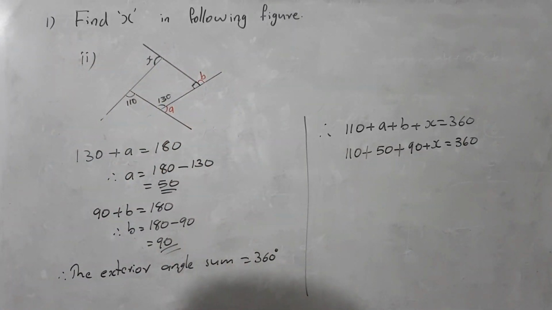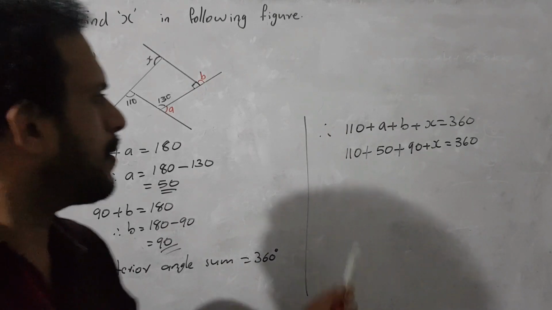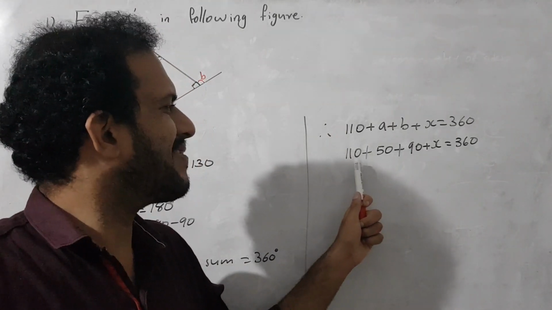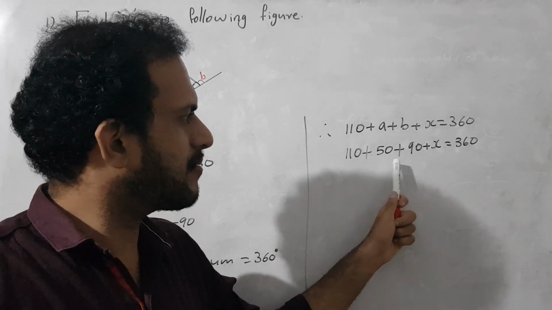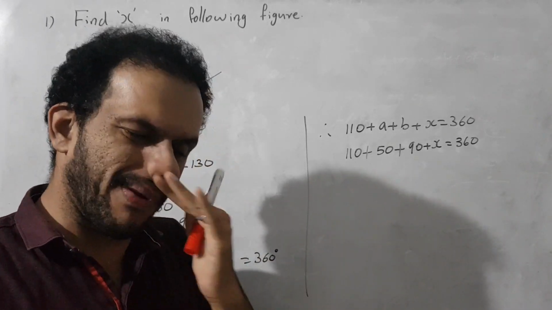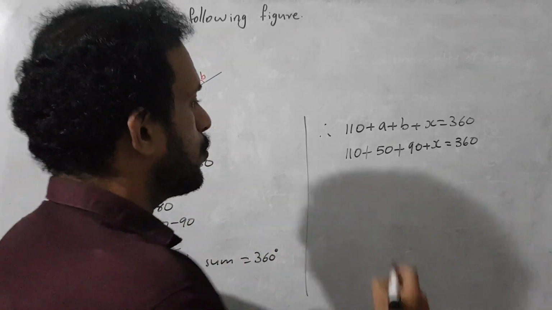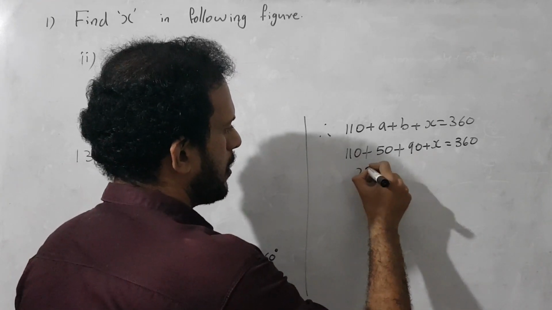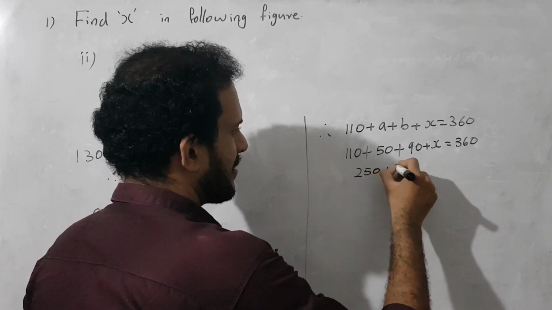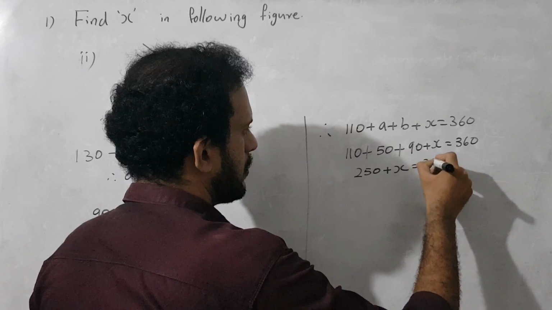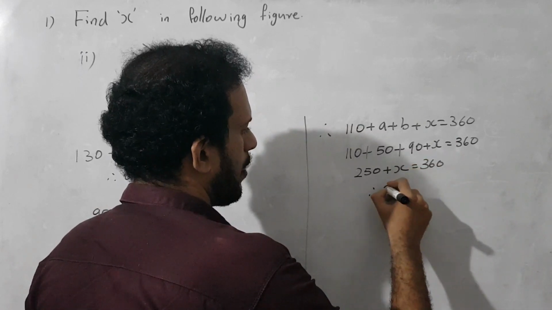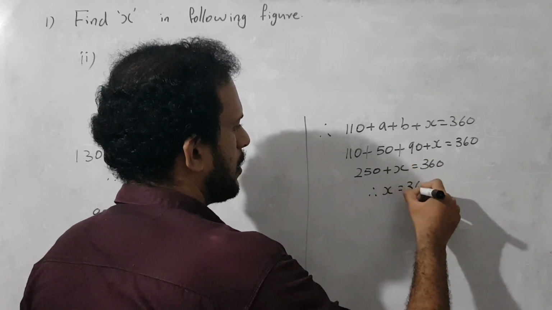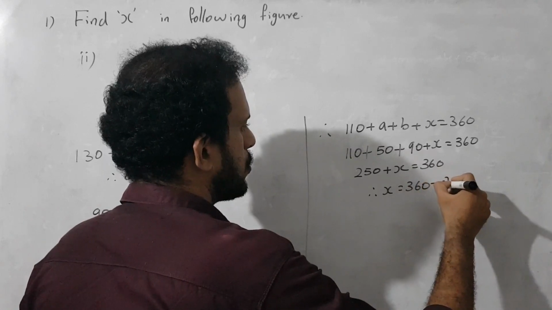Okay. Then 110 plus 50. What is 110 plus 50? 110 plus 50 is equal to 160. 160 plus 90 is equal to 250. Then 250 plus x is equal to 360. Therefore, x is equal to 360 minus 250.